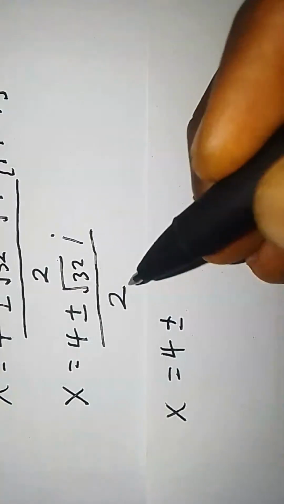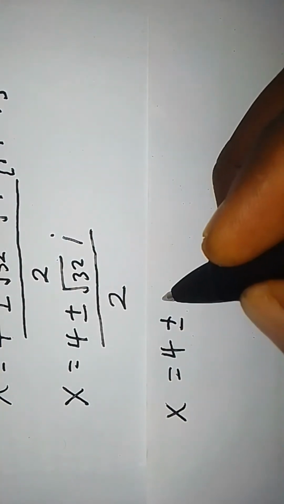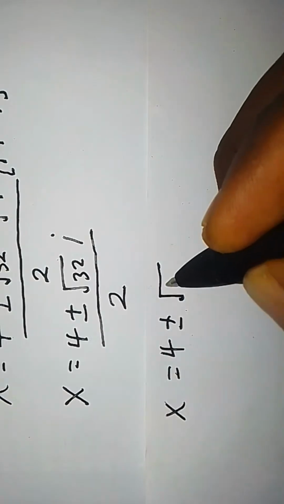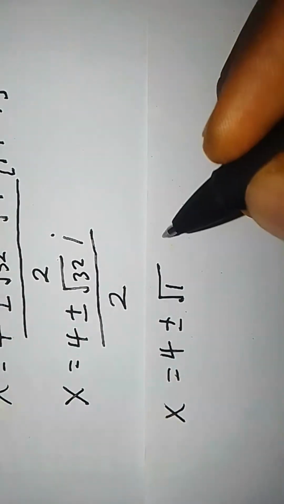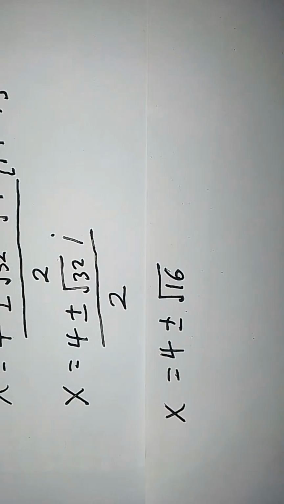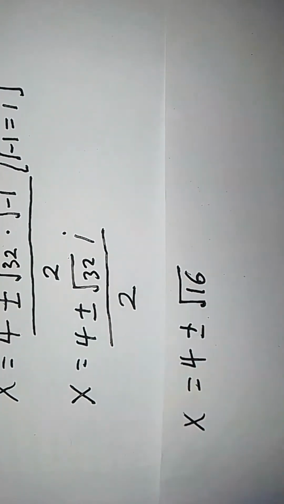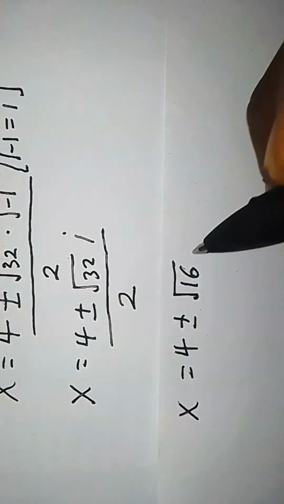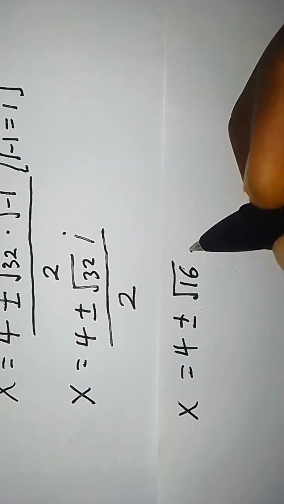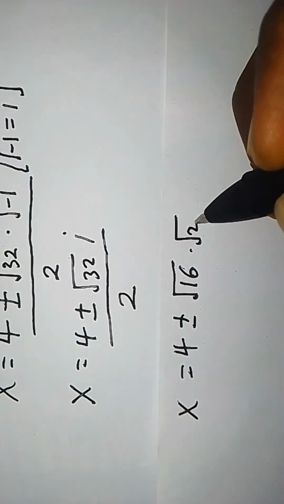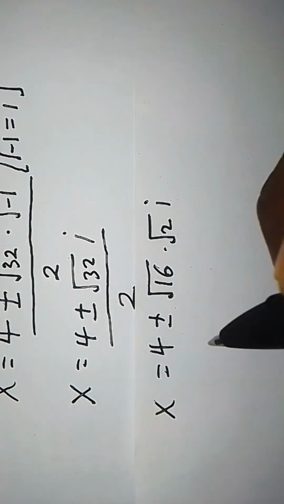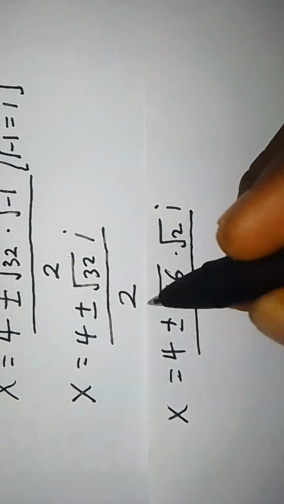I can rewrite square root of 32 also as square root of 16 times square root of 2 times i, divided by what? 2.